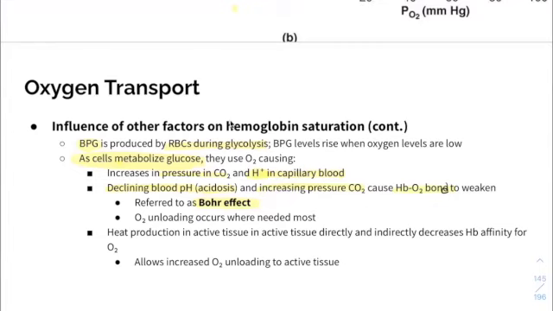Our muscles, every time a muscle contracts, it produces energy or produces heat. So that heat that our body generates every time a muscle contracts is going to affect that affinity for oxygen by that hemoglobin.